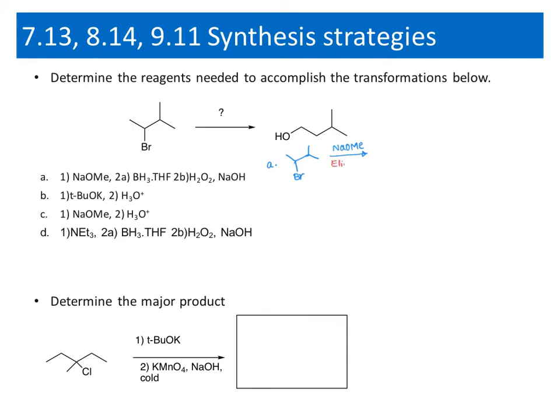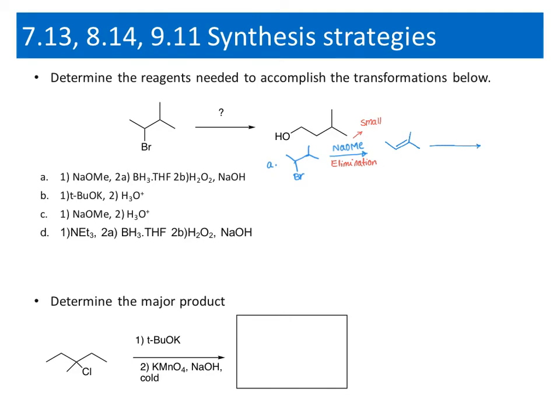For each step you need to consider the formation of the major product, and we are going to form the Zaitsev product because sodium methoxide is a small base, so it can give us the Zaitsev product.